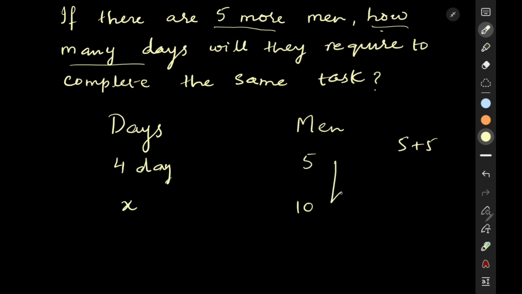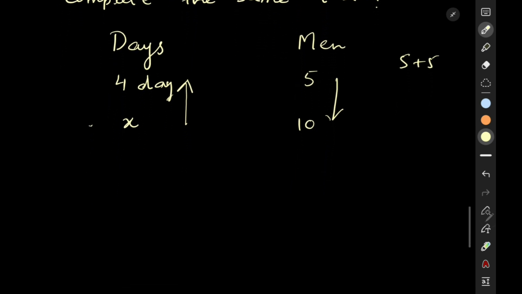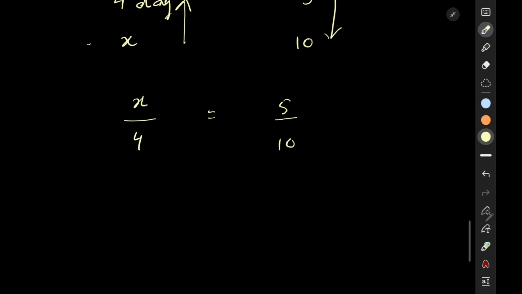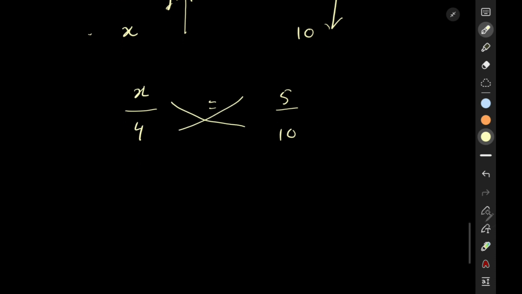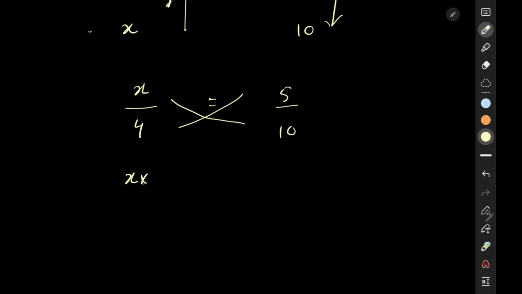We can write a down and an up arrow here. So now from tail to head we write x over 4 is equal to 5 over 10. Then cross multiply the equation. x will multiply with 10 is equal to 5 with 4.